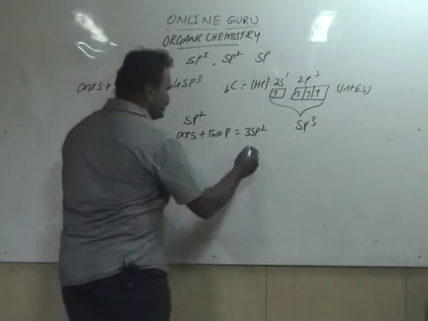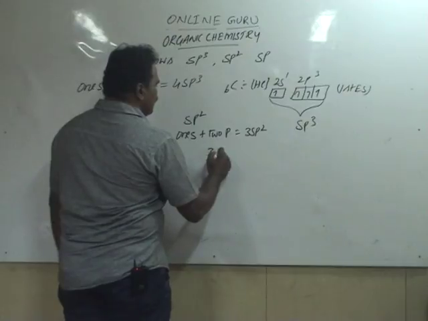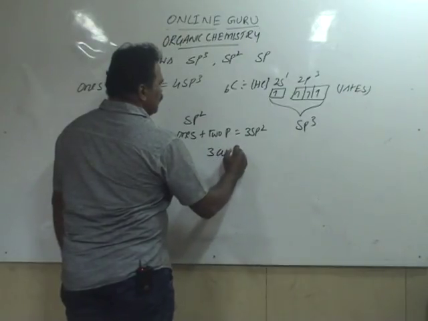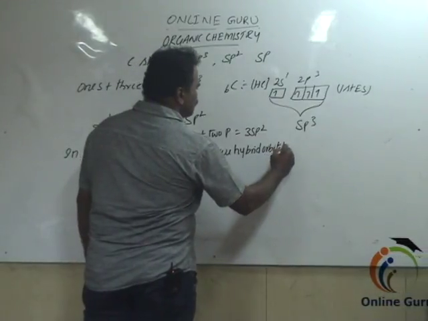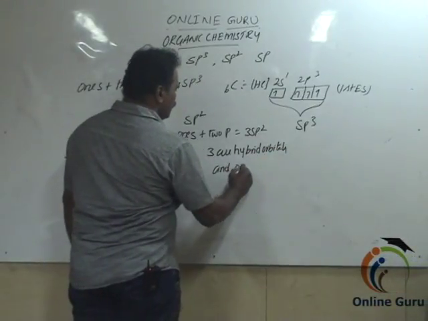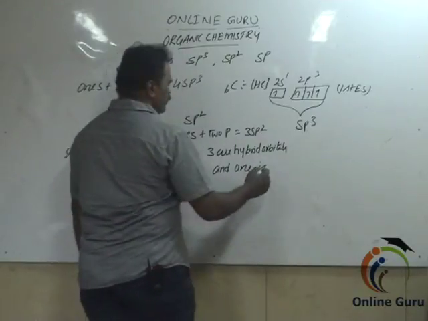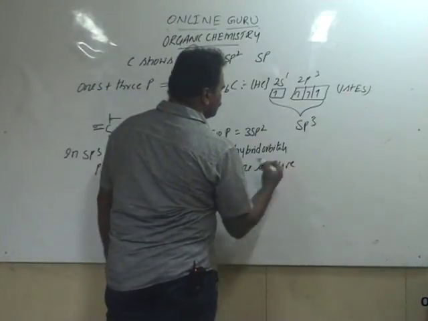In sp2 hybridization, 3 are hybrid orbitals and one is a pure orbital.